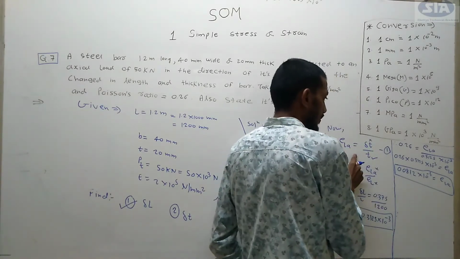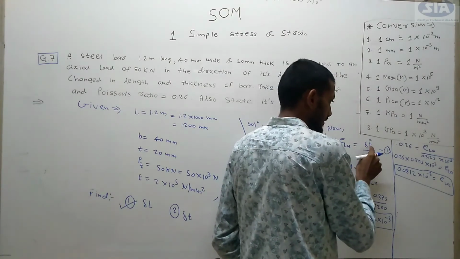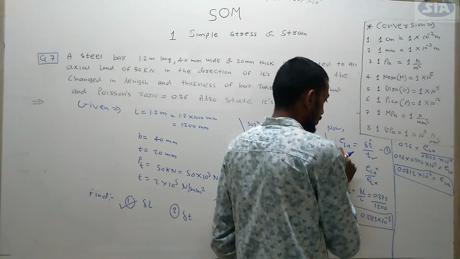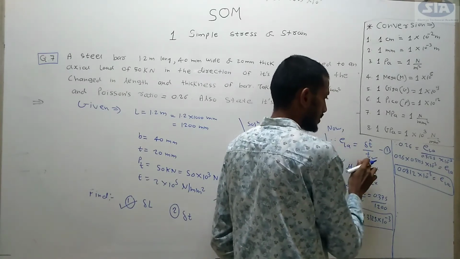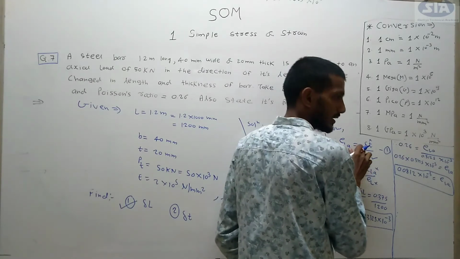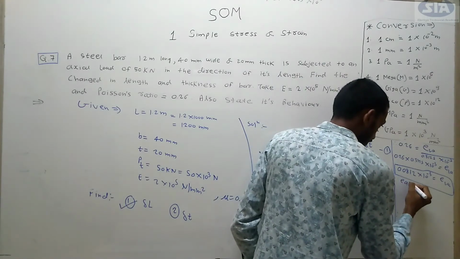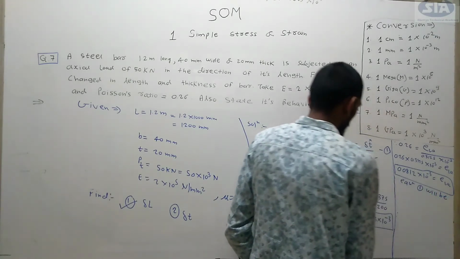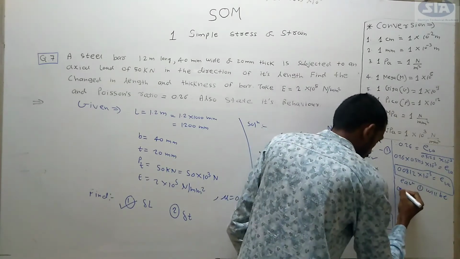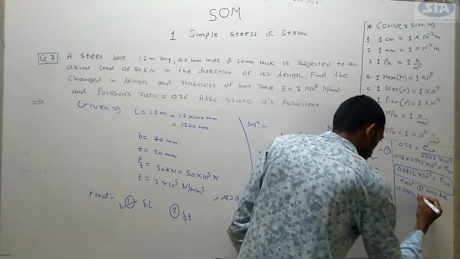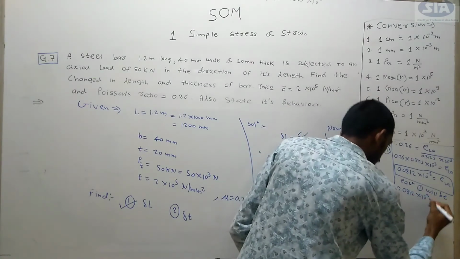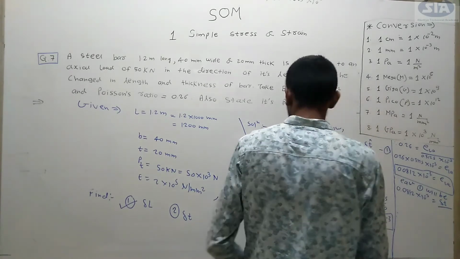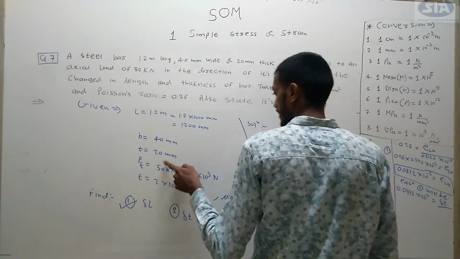Now we have to find out change in thickness. Our ultimate aim is to find out change in thickness. We know the value of lateral strain, we know the value of T, so we can calculate delta T directly. Therefore, put the value of lateral strain, 0.0812 into 10 raised to minus 3, is equal to change in thickness divided by original thickness, which is 20 mm.